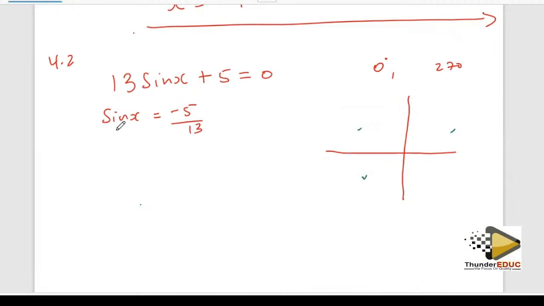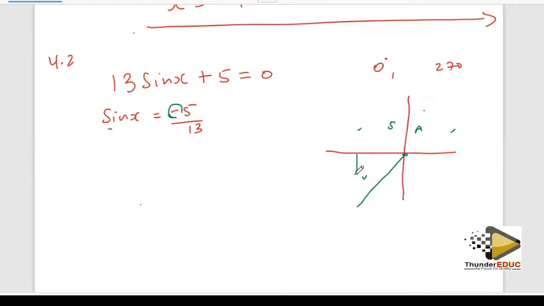From our simplified ratio, we see that the sine is negative. This sign helps us in identifying the quadrant. In quadrant 1, sine is positive. Quadrant 2, sine is positive. So the only quadrant left to focus on is quadrant number 3, where the sine is negative.